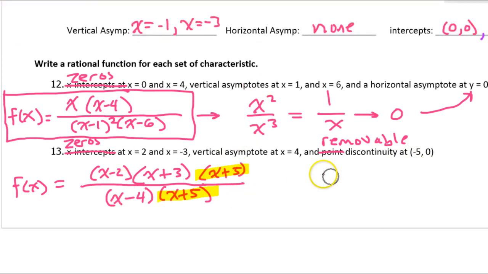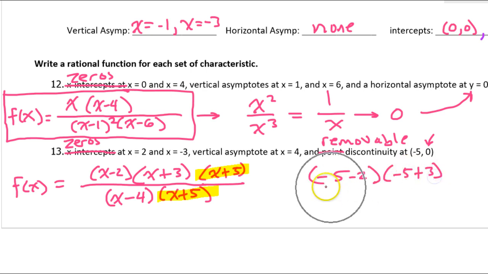So this is pretty good. I'm just not sure about the comma 0 part. That's the only part that throws me off. Let's see what happens if I do -5. I'm looking at the part of the function that's left after I cancel these out. That would be -5 minus 2 times -5 plus 3 over -5 minus 4.